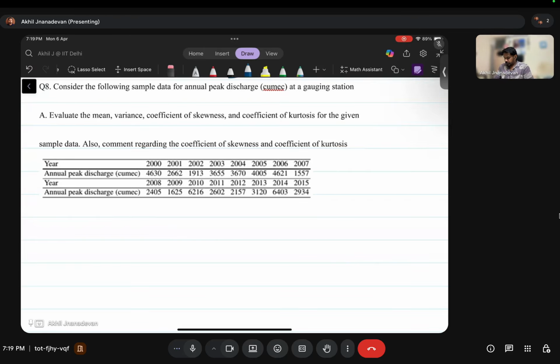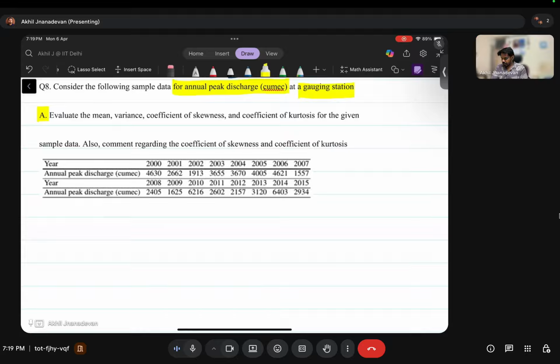So consider the following sample for annual peak discharge in cumecs. At a given station A, we are given a sample of the annual peak discharge, the measurements.